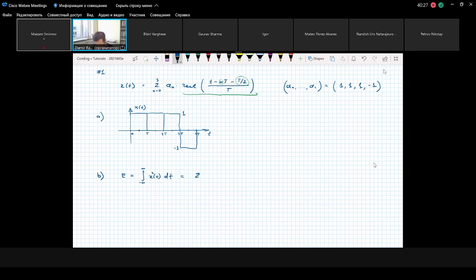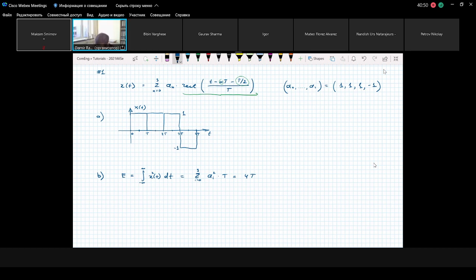We calculate the summation, i goes from 0 to 3, of A_i squared times T, the duration of each pulse. And in this case, we see that it equals 4T, because each pulse has magnitude 1.